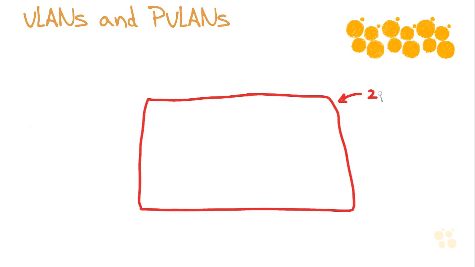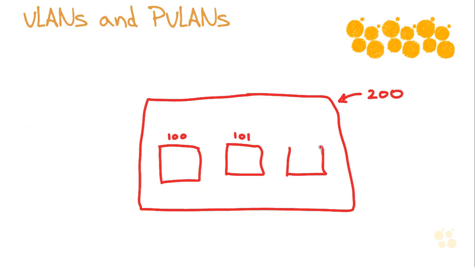Let's say it's VLAN 200. And then what you can do is create sub-VLANs inside of this VLAN. Let's say this is VLAN 100 and this is VLAN 101 and this is VLAN 102.